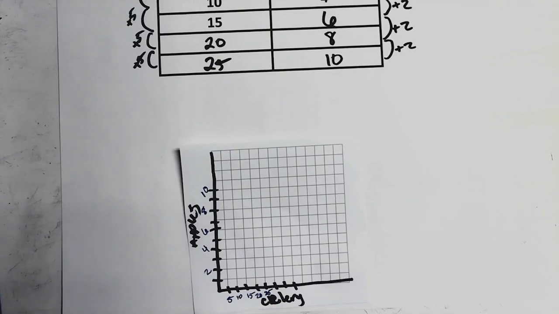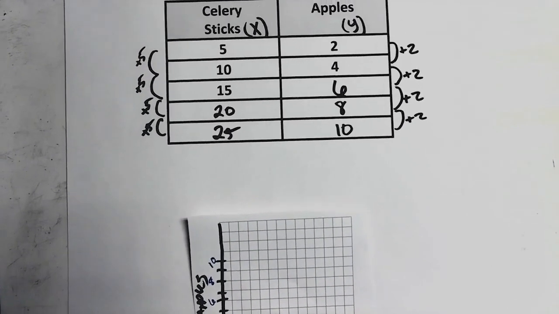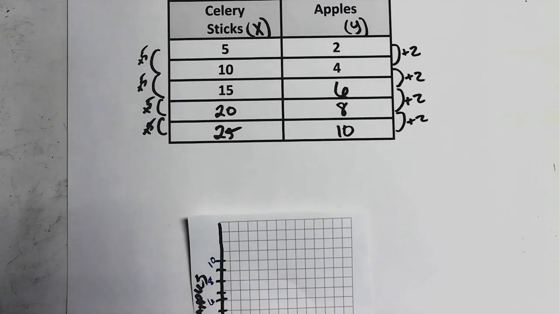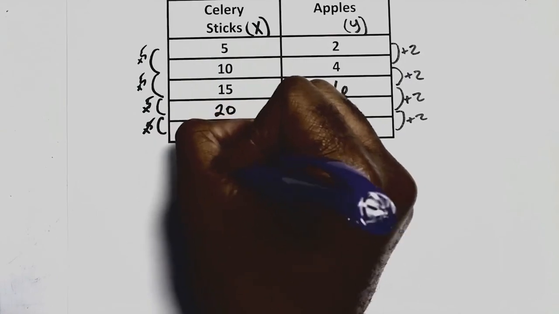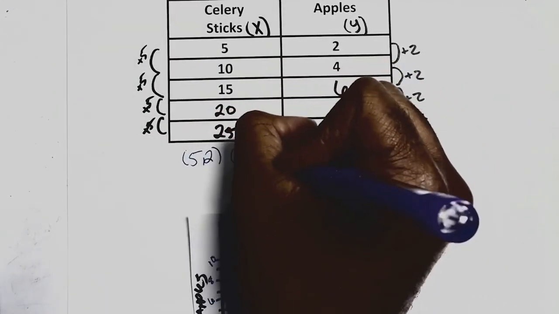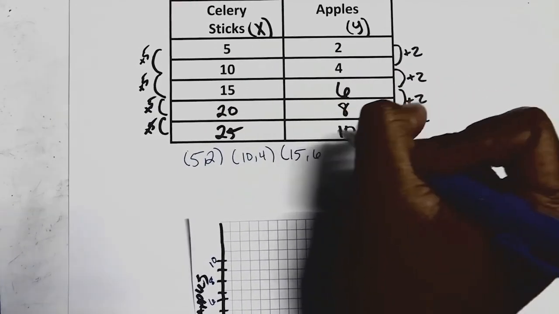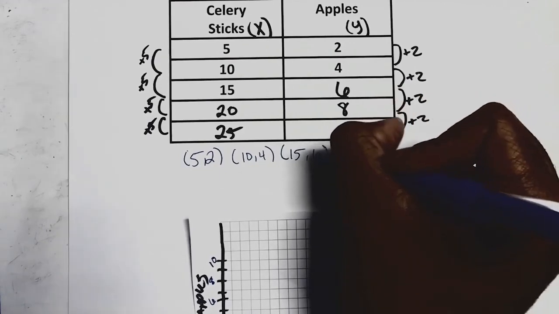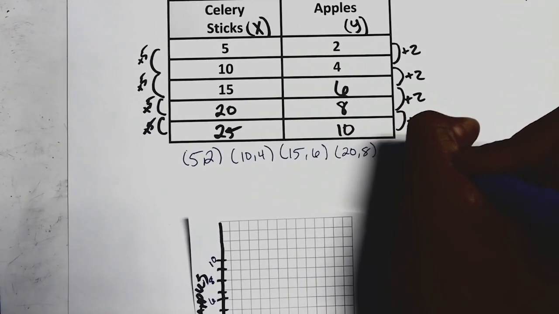So now let's start plotting our points from our ratio table. So going back to my ratio table, I know my first point is what? 5, 2. My second point would be 10, 4, third, 15, 6, fourth, 20, 8, and 25, 10.